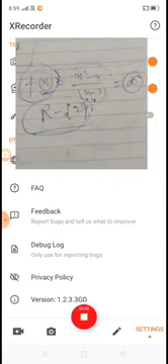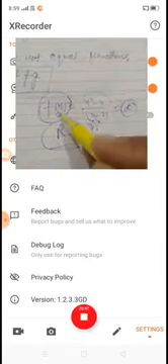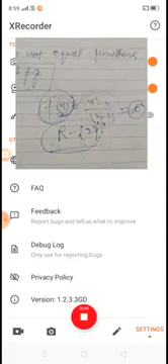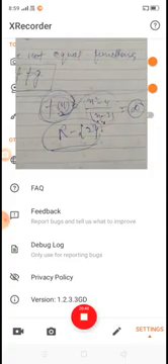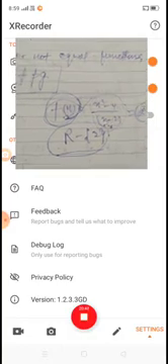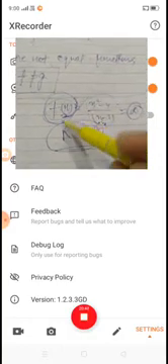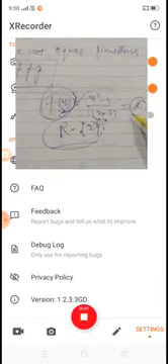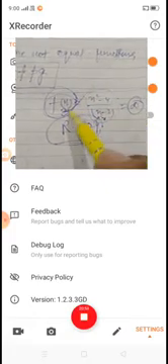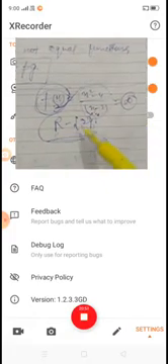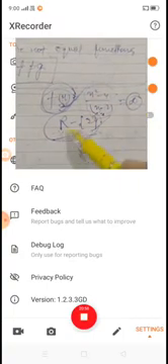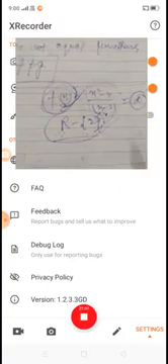Only if we put x is equal to 2. Except for 2, for all values of x the function is defined. So the domain of that function is all real values except 2, that is R minus {2}.